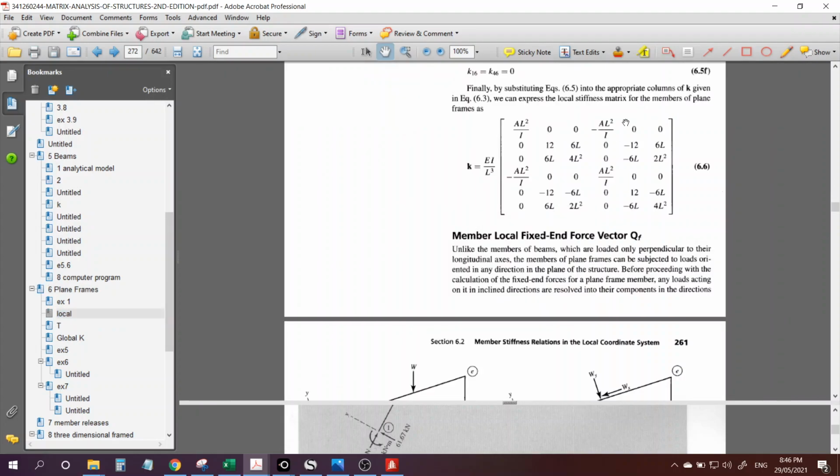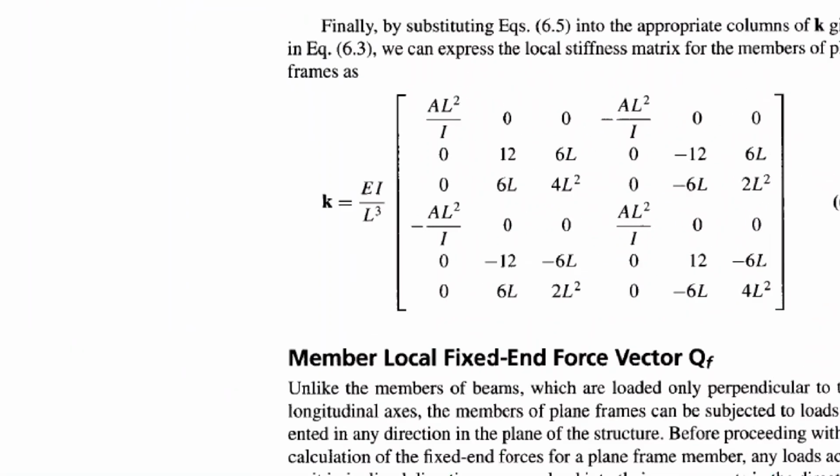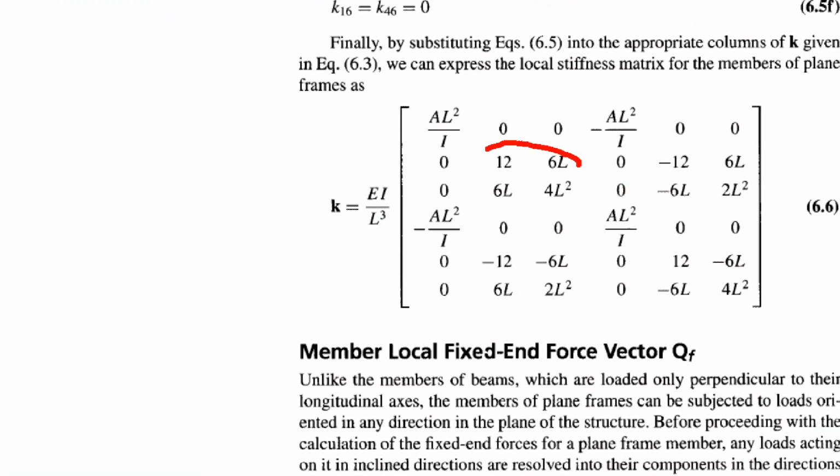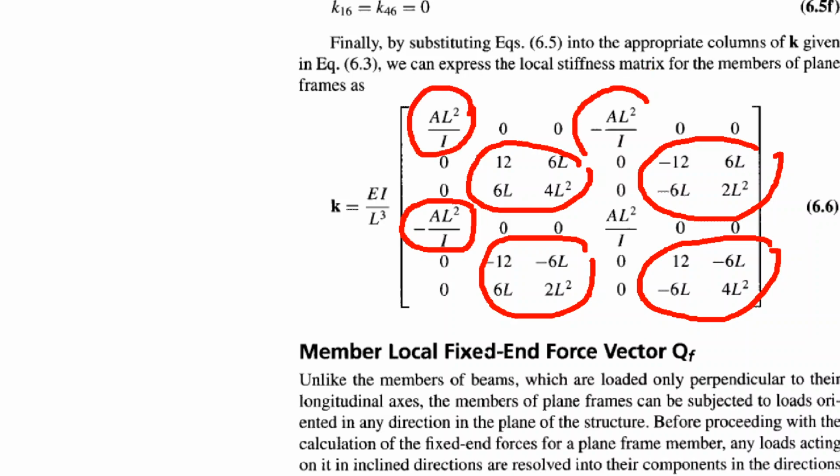This is the local stiffness matrix of a plane frame. As you noticed, it's the same as the beam stiffness formulation here. We just added the formula for axial member.